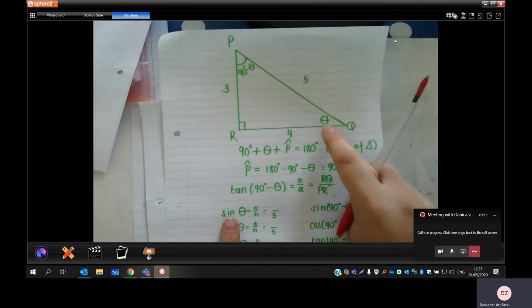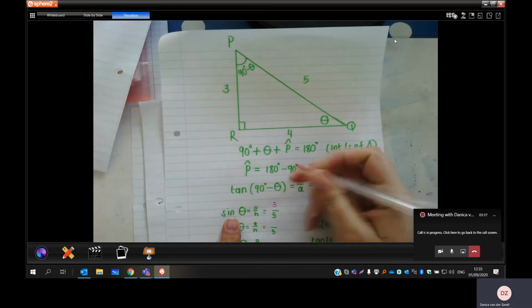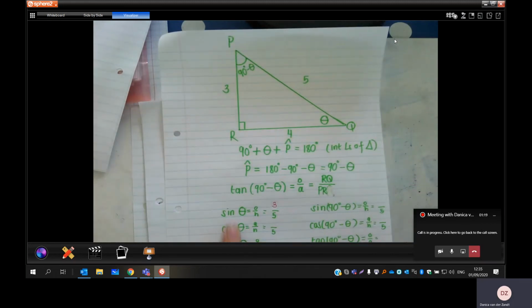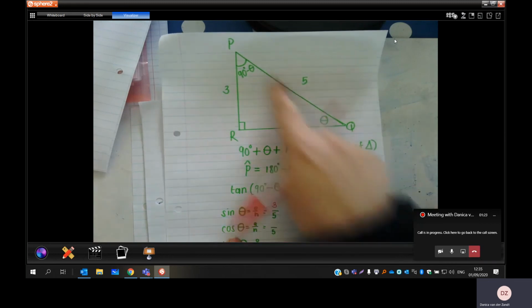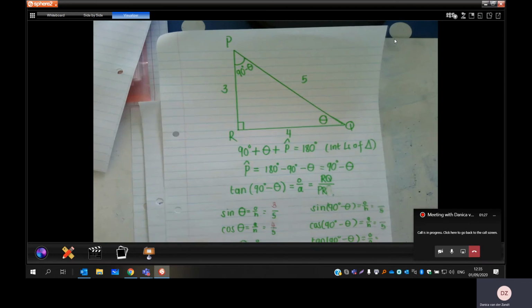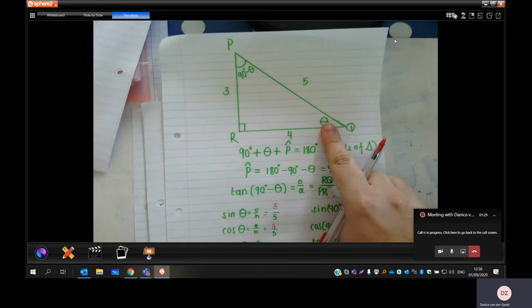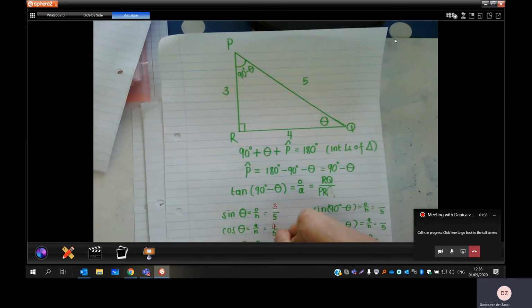So for sine of theta, my opposite would be 3, my hypotenuse still 5. Cos of theta, theta is my adjacent over hypotenuse, so it'd be 4 over 5. Tan, still theta, is opposite over adjacent, 3 over 4.